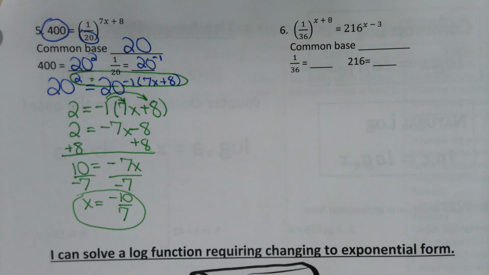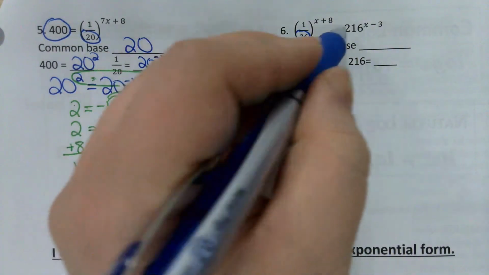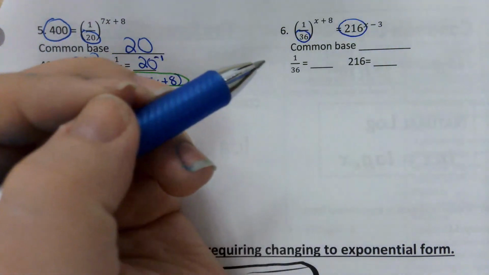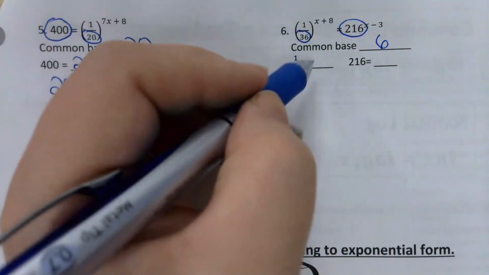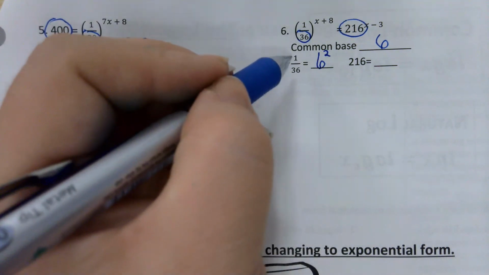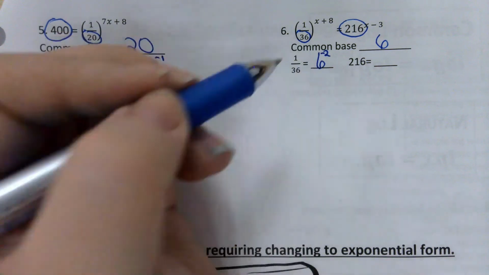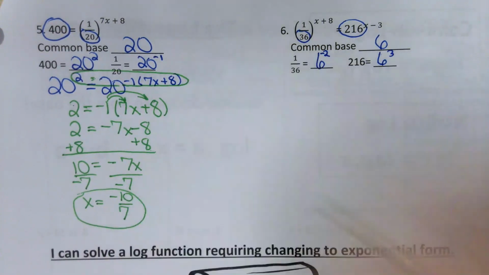The answer is I can use 6. 6 to the second gives me 36, and 6 to the third gives me 216. So my common base is 6. 6 to the second gives me the denominator, but in order to make it a denominator, I'm going to have to make the exponent negative. And then 6 to the third gives me 216.